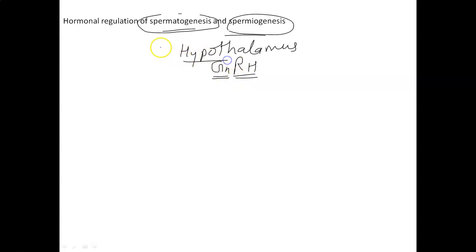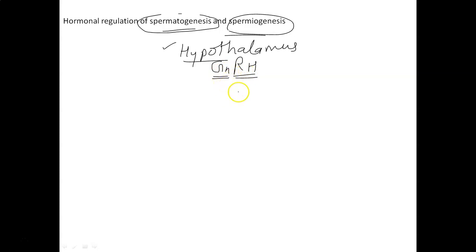We all know that hypothalamus secretes releasing and inhibitory hormones. When it releases a releasing hormone, it will stimulate the pituitary gland to release its hormone. When it secretes an inhibitory hormone, it inhibits the pituitary gland's hormone secretion. So it will secrete GnRH.